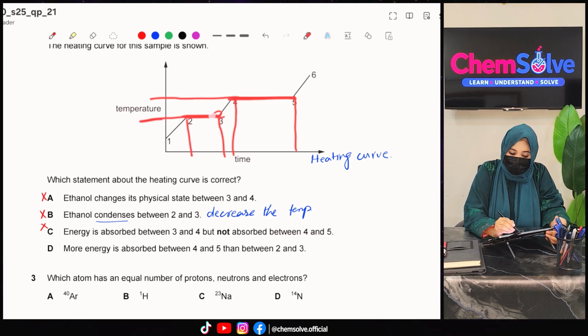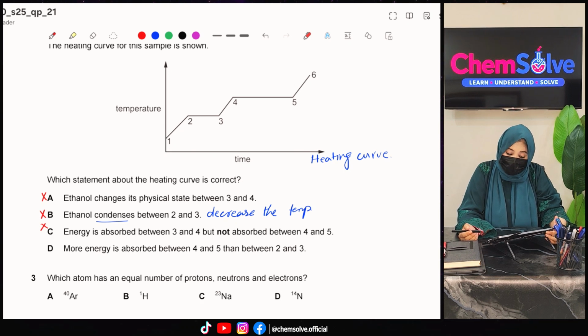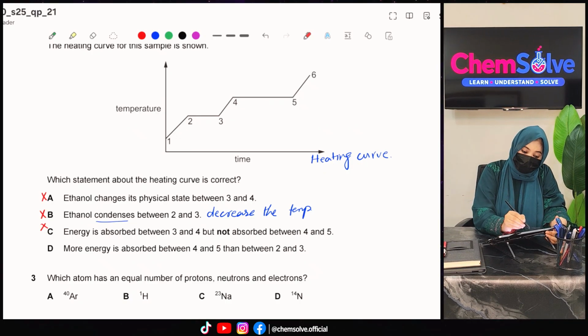So we can say that at 4 and 5 more energy is absorbed, and in 2 and 3 less heat is being absorbed. So the correct statement is option number D.